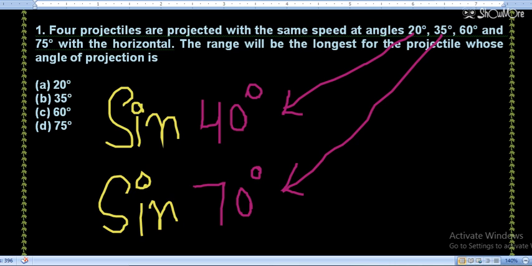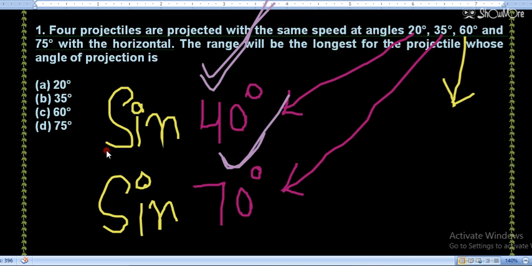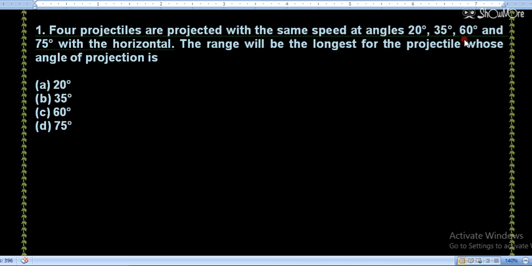Now after that we have theta equal to 60 degree. Students, we are not required to convert sine 40 and sine 70, but we have to convert this theta.